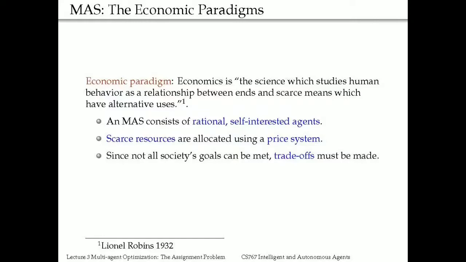So in this way, economic theory provides a whole range of tools and mechanisms that can be utilized in the design of a multi-agent system, right? And in fact, this will be demonstrated in today's lecture through the assignment problem.